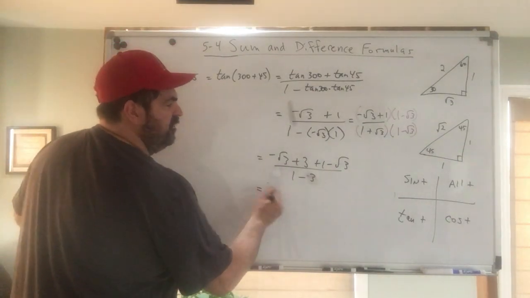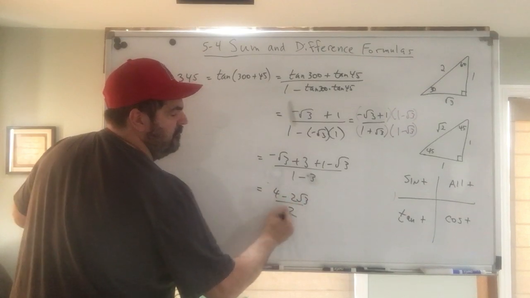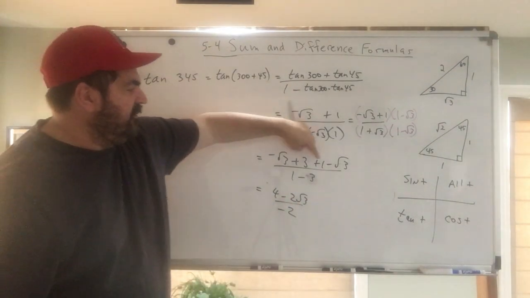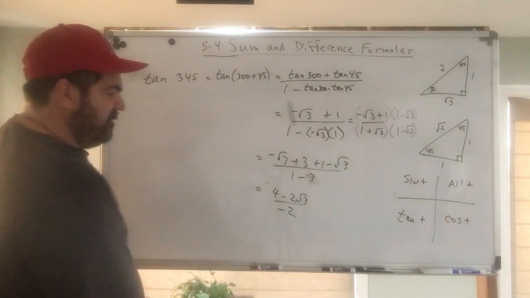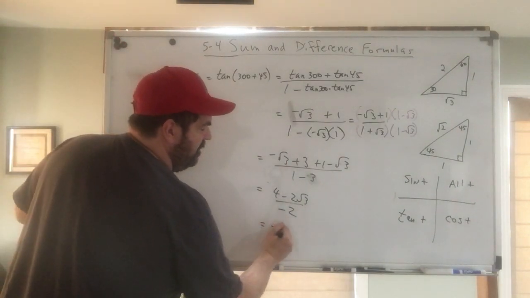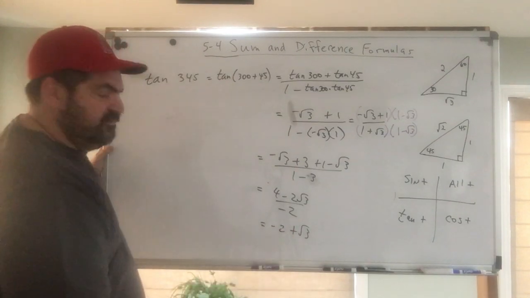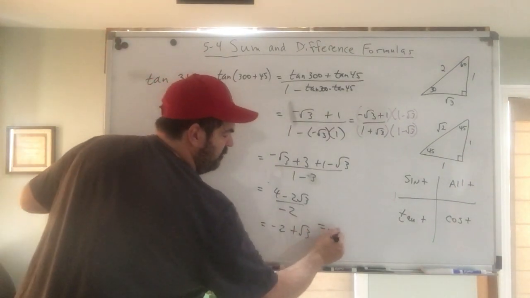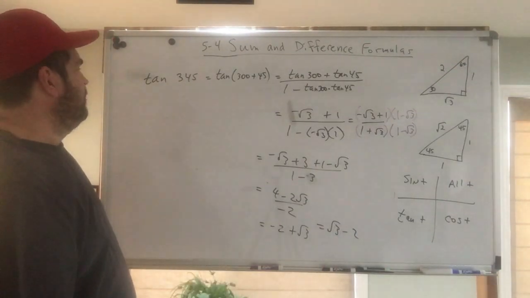So 2 more steps. I got 3 plus 1, 4, negative 2 over 3 over negative 2. Now, since the 2 goes into both of them, I can combine that in. And there's your final answer. If you want to rewrite the order, it's up to you, doesn't matter. And that's those 3, all right?